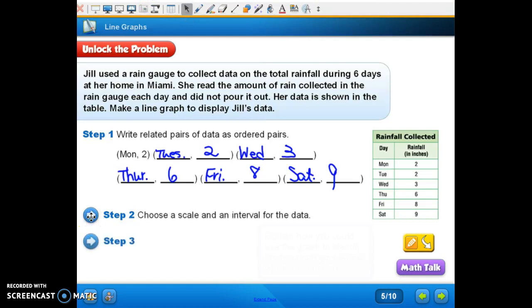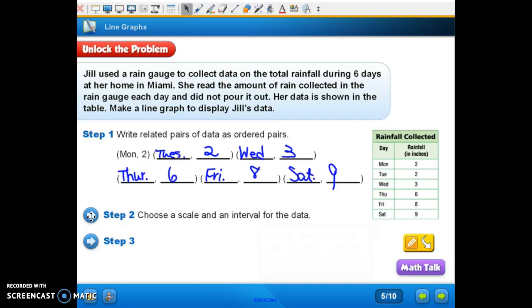Now it says choose a scale and the interval for the data. Okay, so we're going to have to discuss this. Now, what's going to go across the bottom? Right, because those are the first thing in our ordered pair, and those will go across on the X. Then up the side, the Y part, we're going to have to do the numbers.